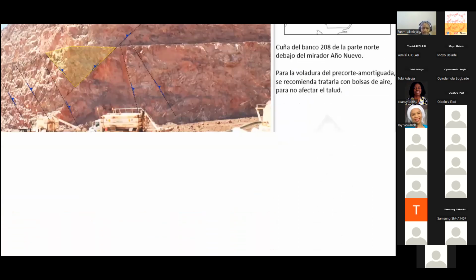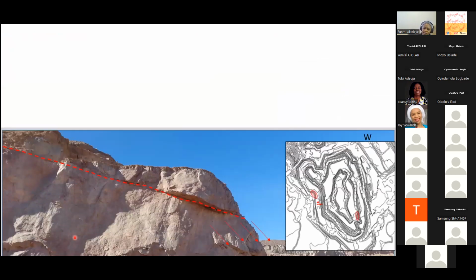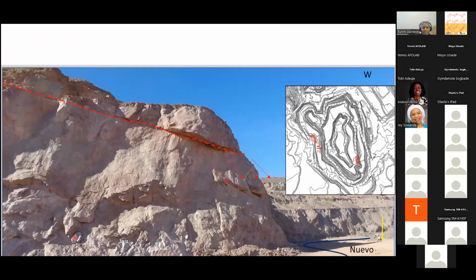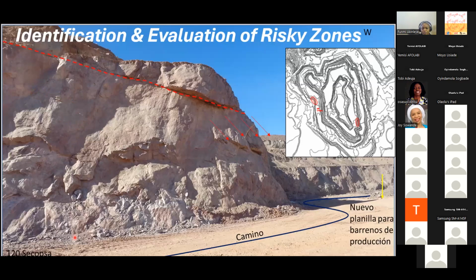Also, anybody driving through here might not even notice this line, but obviously there was a potential for this block to fall. And that's the advantage of a geologist. When you become a geologist, you see things differently and you can identify things from different perspectives. This is also one of the things I did.